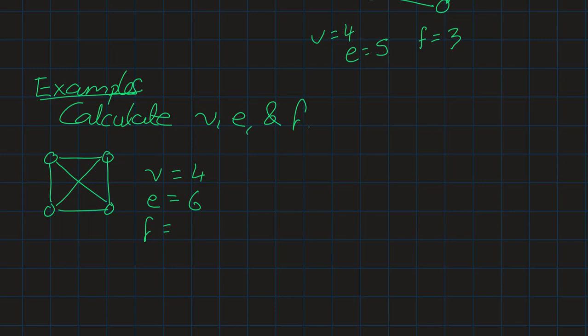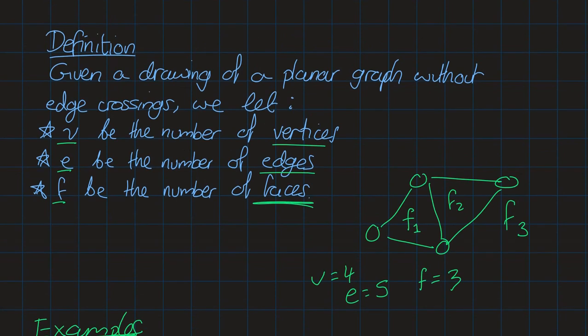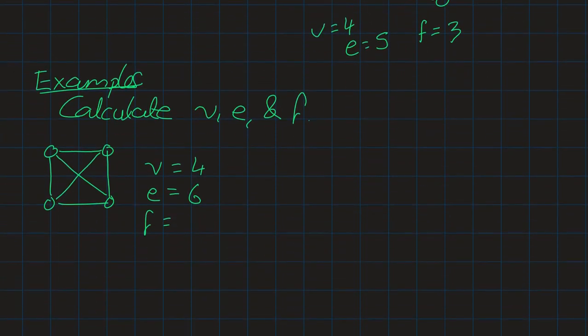Before you can calculate the number of faces, you need to go back to this definition and realize it says given a drawing of the planar graph without edge crossings. But this drawing has an edge crossing, right? So before I can calculate F, I need to redraw this graph without that edge crossing, and I can redraw it like this.